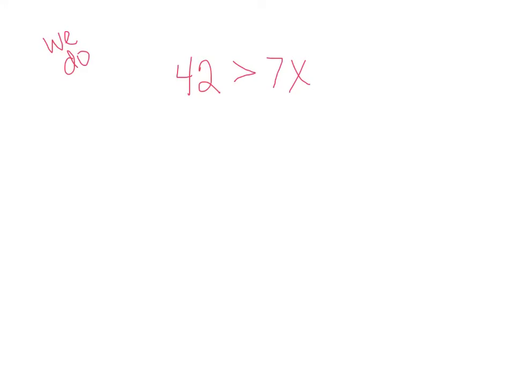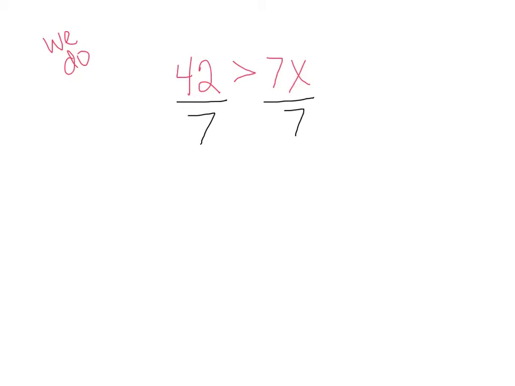All right, let's look at another one. We have this one you're also writing into your notes. 42 is greater than 7x. So here's my ocean. Here's my variable. I have the multiply by 7 hanging out with the variable, and that's what I'm trying to get rid of. And I'll do that by division.